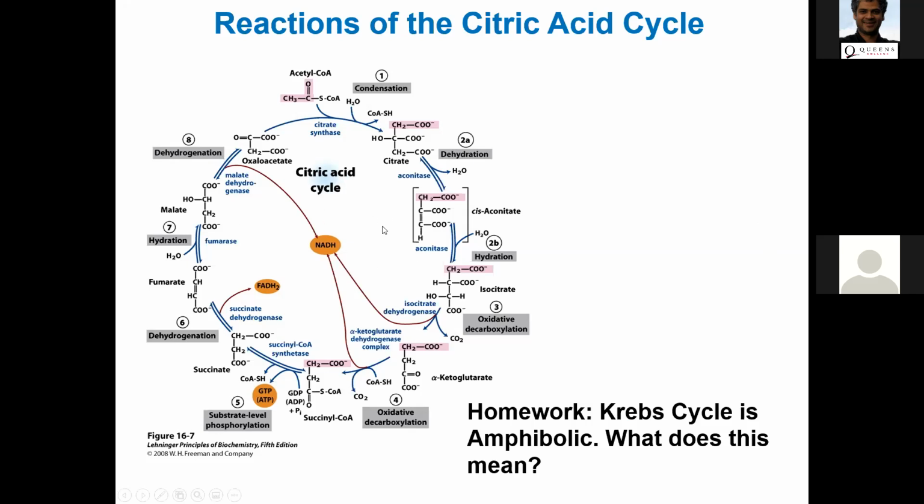When we talk about anabolic reactions, where you are making larger biomolecules from smaller precursors, it's typically NADPH that serves as a reducing agent, not NADH. There is some separation among the pathways, and there are good reasons for that, but we'll not go into that. But it is the NADPH that serves as a reducing agent in anabolic reactions. So just keep that in mind.